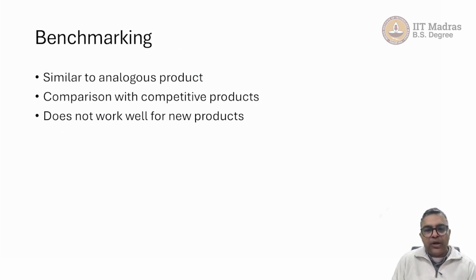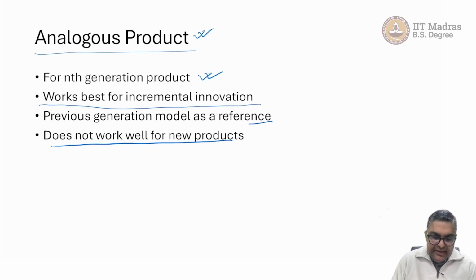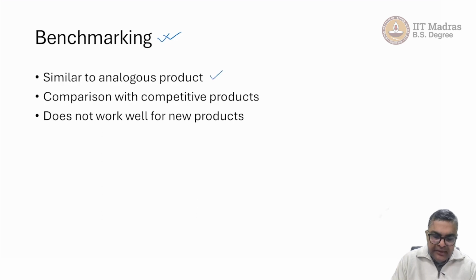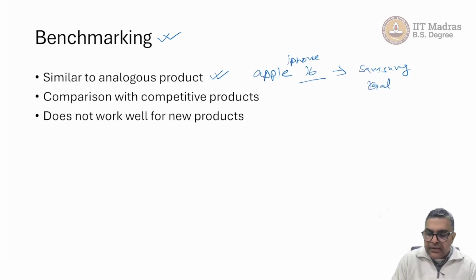Now let us come to what we call benchmarking. Benchmarking is very similar to analogous product, but the difference here is that instead of using the product from the same company or same kind of product, here the analogous products from different companies are used. Like for Apple iPhone 16 pricing, let's say, they may use Samsung Galaxy S24's pricing.